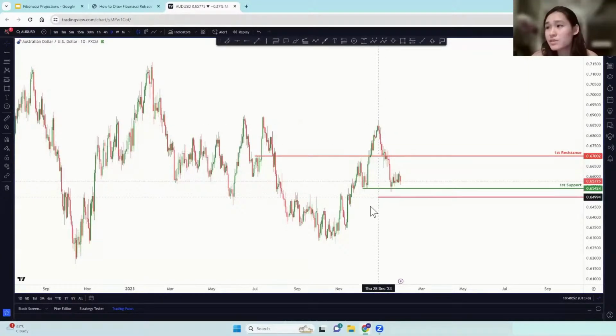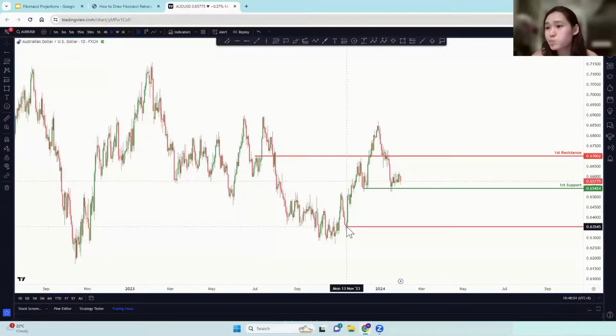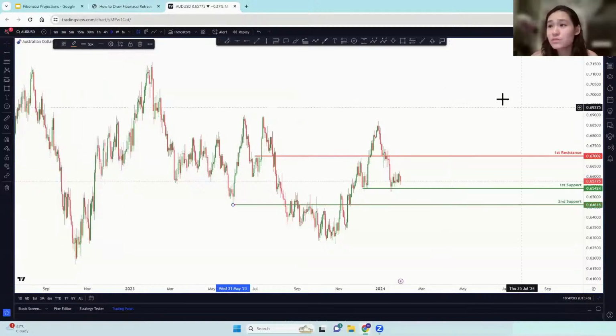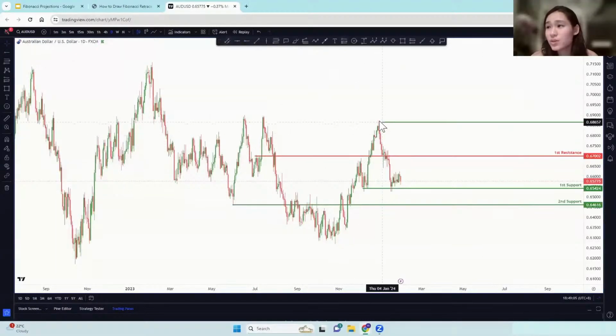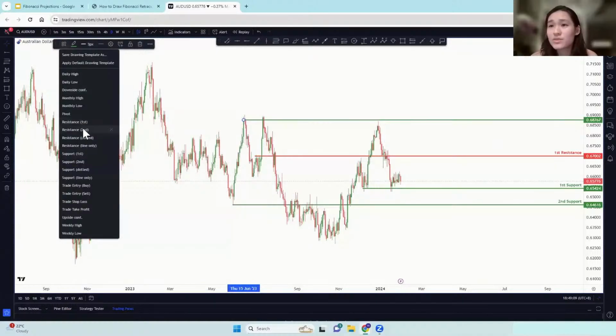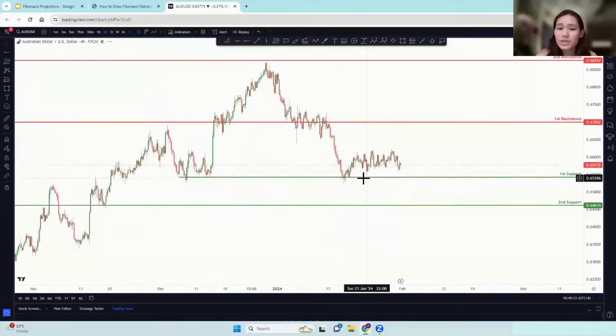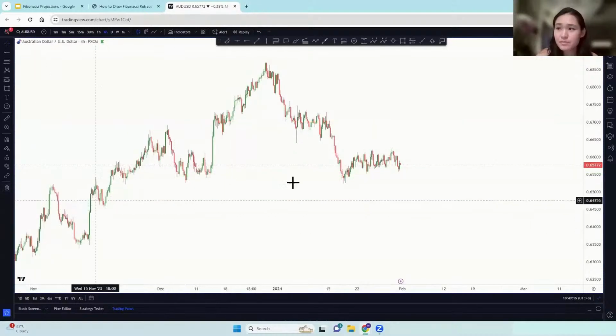And then I just placed my second support somewhere here. And then of course at this swing high, that would be my second resistance.